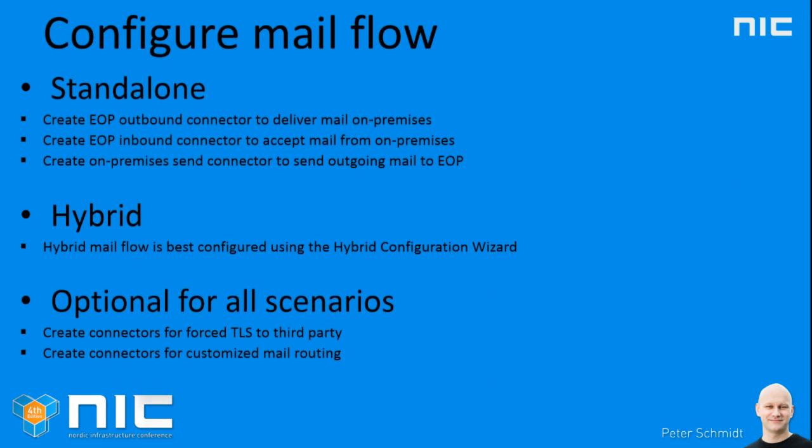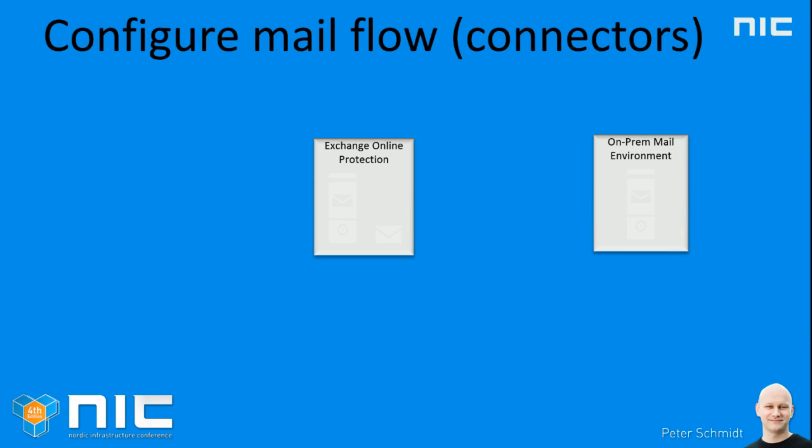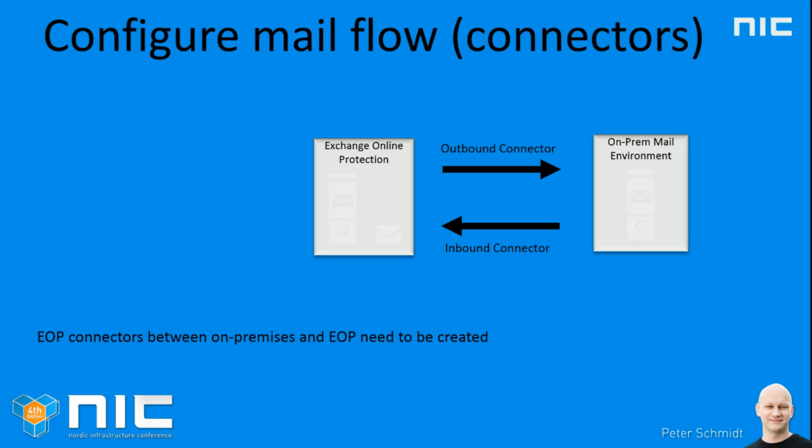I'll go briefly through this since I'm demoing a lot of this in a short while. But basically, when we have our on-prem mail server and we have the new EOP tenant set up, we want to set up some connectors, and these connectors will be set up in EOP. What's important to note about the connectors in EOP is that it looks a lot like Exchange 2013.